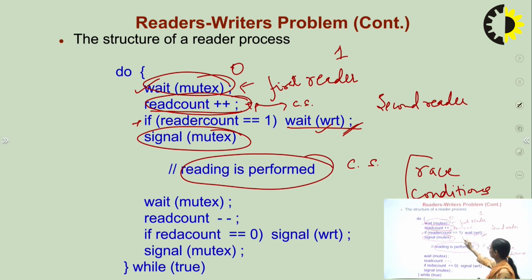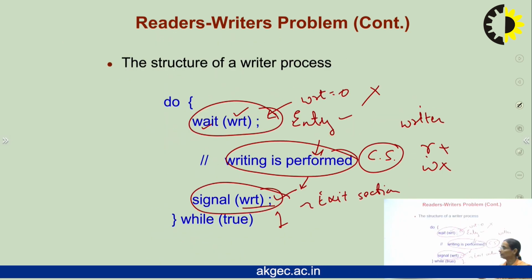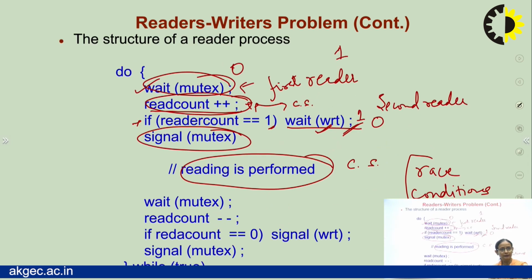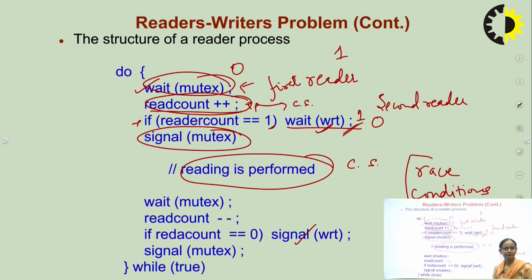If read count is equal to 1, that is the first reader process, then we check the WRT. If the writer process is not working, then WRT is 1. If it is successfully executed, this value automatically becomes 0. Now if a writer tries to go into its critical section, it will find its value 0 and it has to wait until the reader process sends the signal to the WRT semaphore.